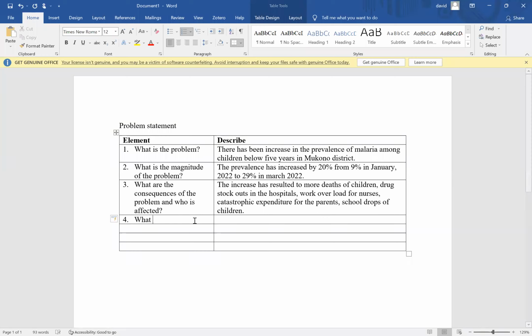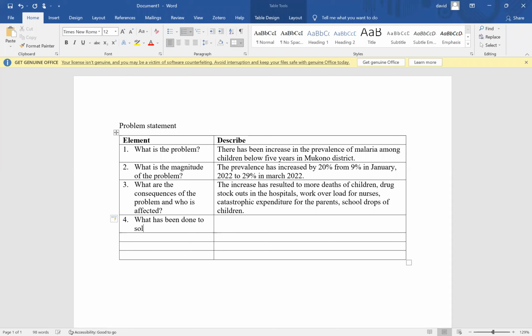So what has been done to solve the problem? Then we can say MOH has distributed nets.